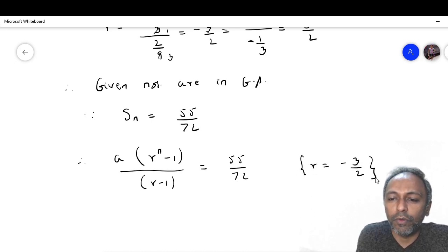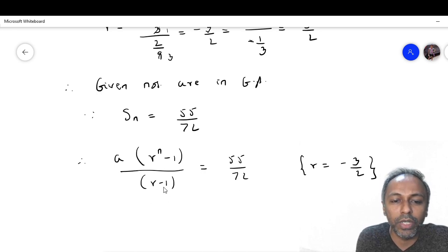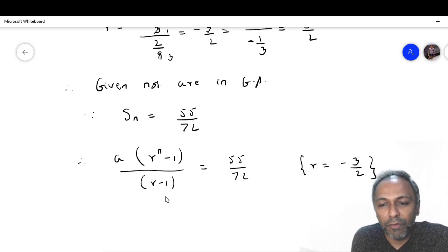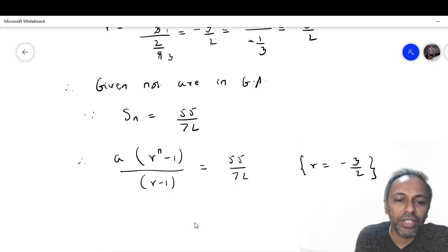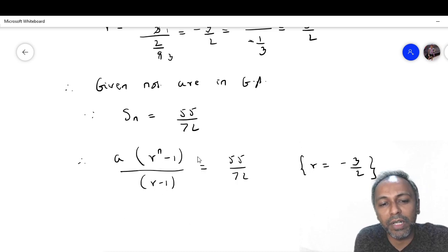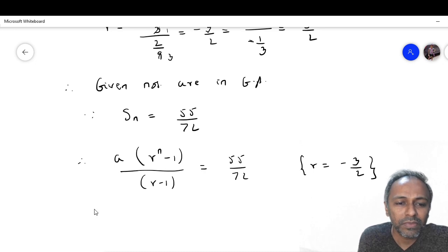If you want to keep the value positive in the denominator also, because if you write r minus 1 in the denominator it will generate a negative value, you can interchange and write the other formula also, 1 minus r in the denominator and 1 minus r raised to n in the numerator. Let us say we stick with the first one only.